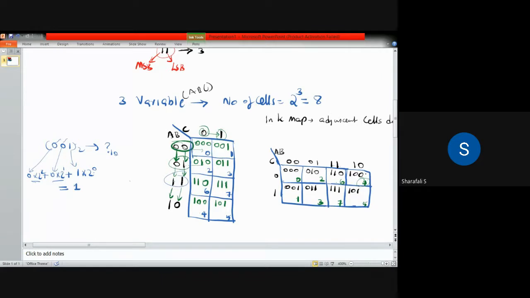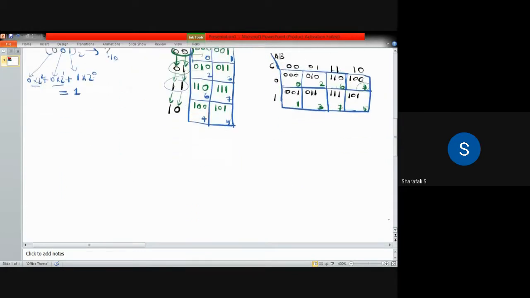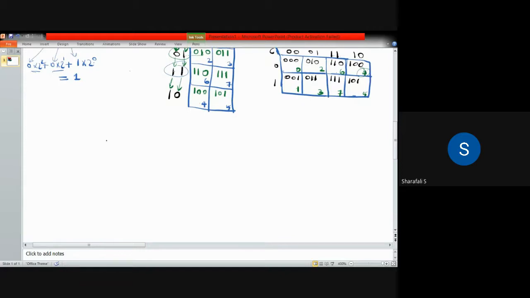Similarly, you can also do the 4 variable K map. The 4 variable means what? 4 variable means the number of cells will be equal to 2 to the power 4, which is equal to 16.